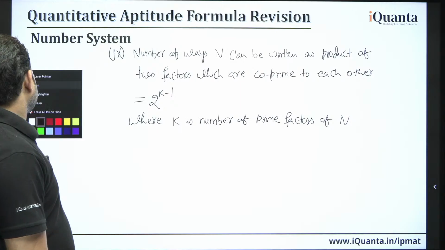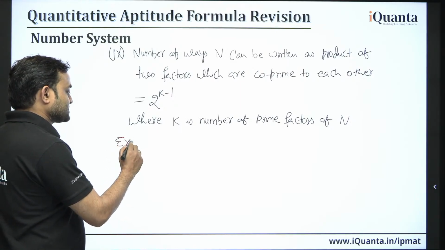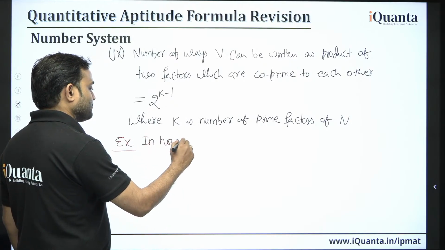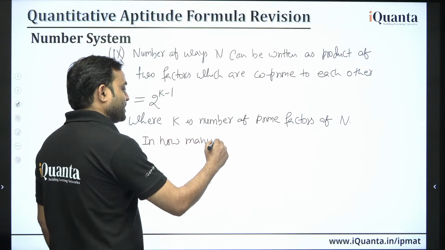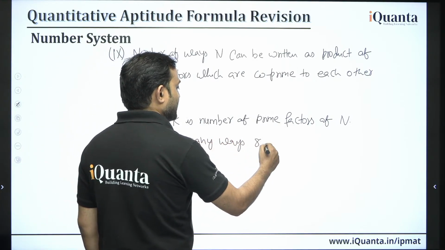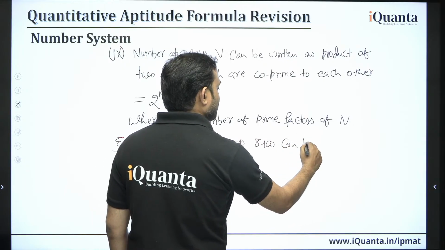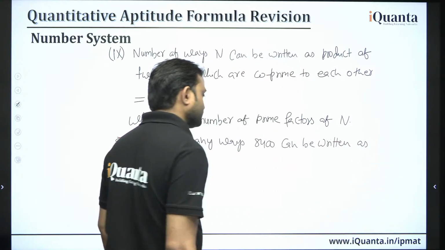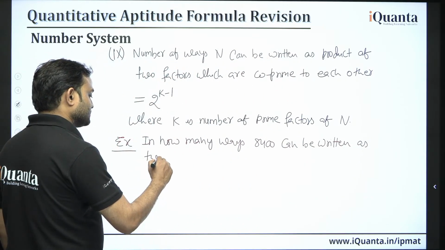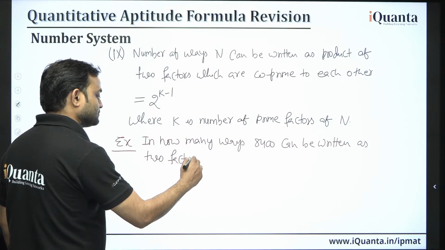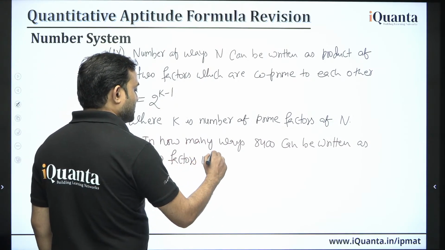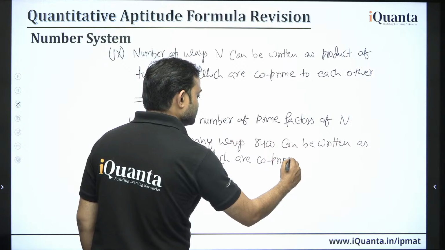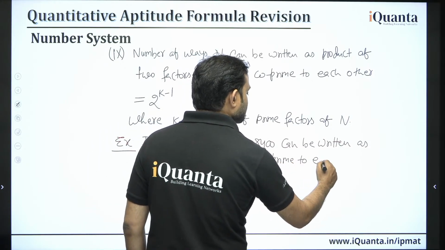All right. Now in this case I will give you one example just to understand. Okay. So in how many ways can 8400 be written as a product of two factors which are co-prime to each other?